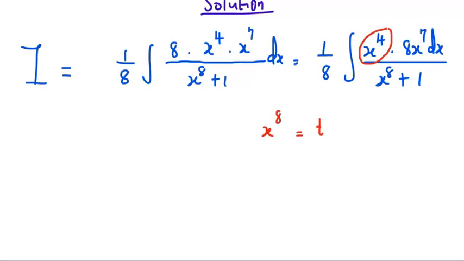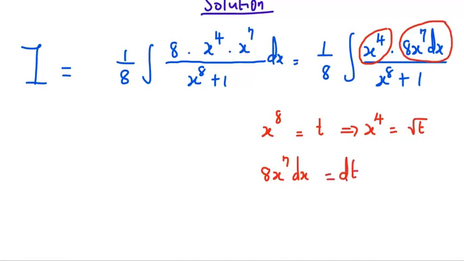So if you take the square root from here, it implies that x to the power of 4 is going to be the square root of t. I think this makes sense. Now differentiate both sides, we get 8x to the power of 7 dx, as we can see right over here. So this one right over here is going to be equal to dt.